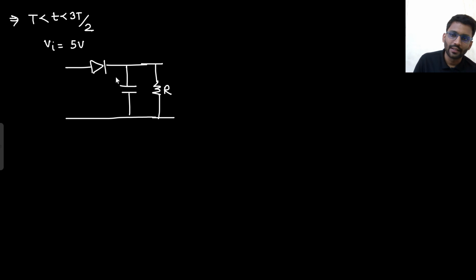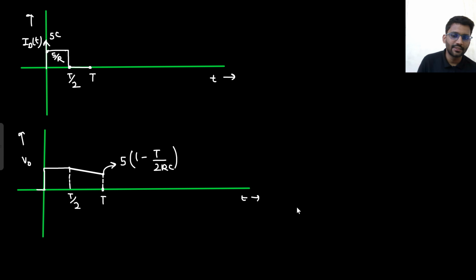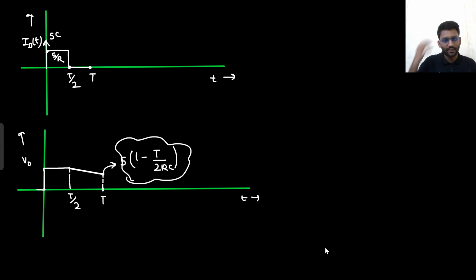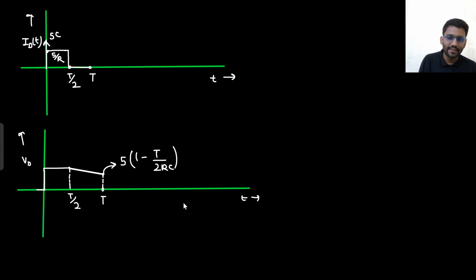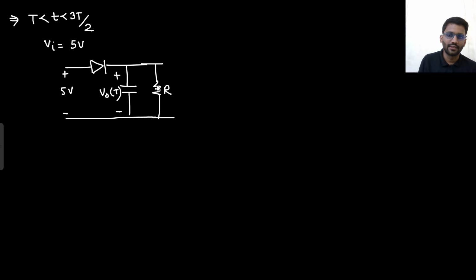This is the resistance R. Here you are having some voltage, 5 into 1 minus t by 2 RC, that is lesser than 5 volt. So here I am having V naught T voltage, and this is 5 volt. This voltage is somewhat lesser than 5 volt, and this is 5 volt. So this is your V naught.